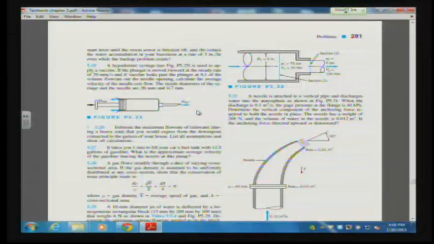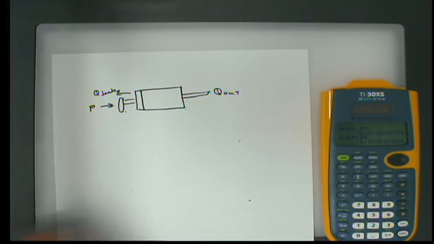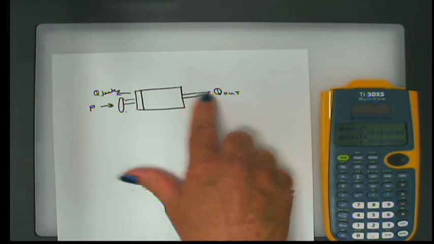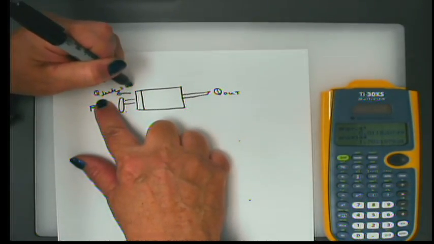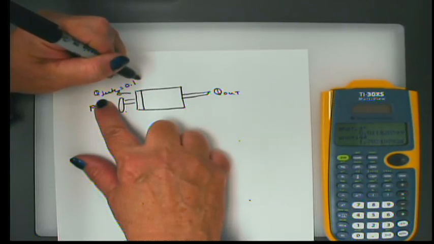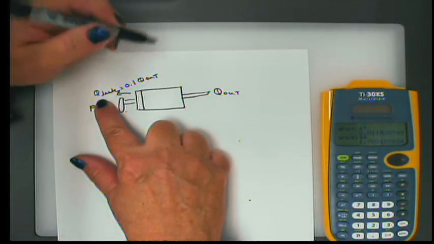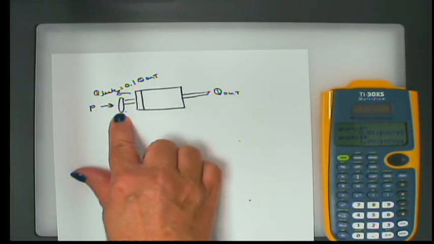As we push the plunger in, the control volume gets smaller. All right, so the picture I've drawn looks like this. So we have some Q coming out here, we have some Q coming out here, and that's equal to 0.1 times the Q out on the needle, and then we're pushing here.